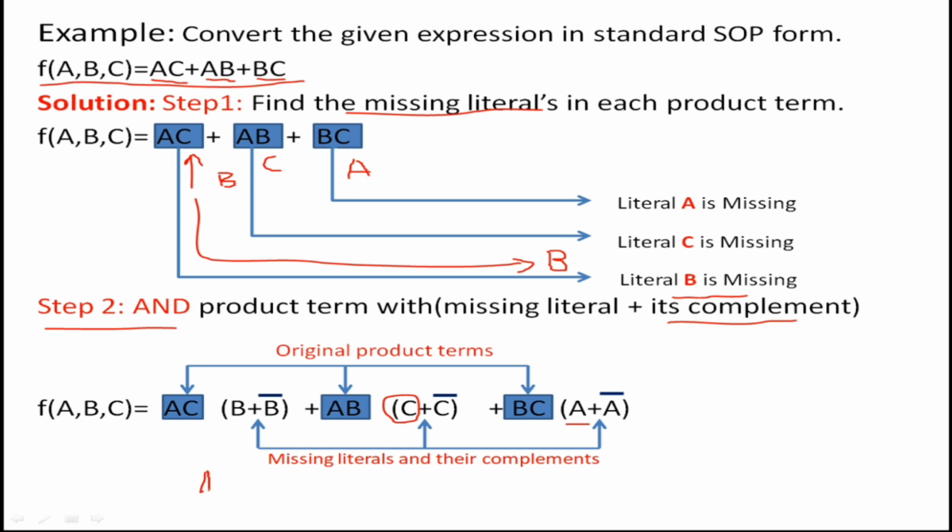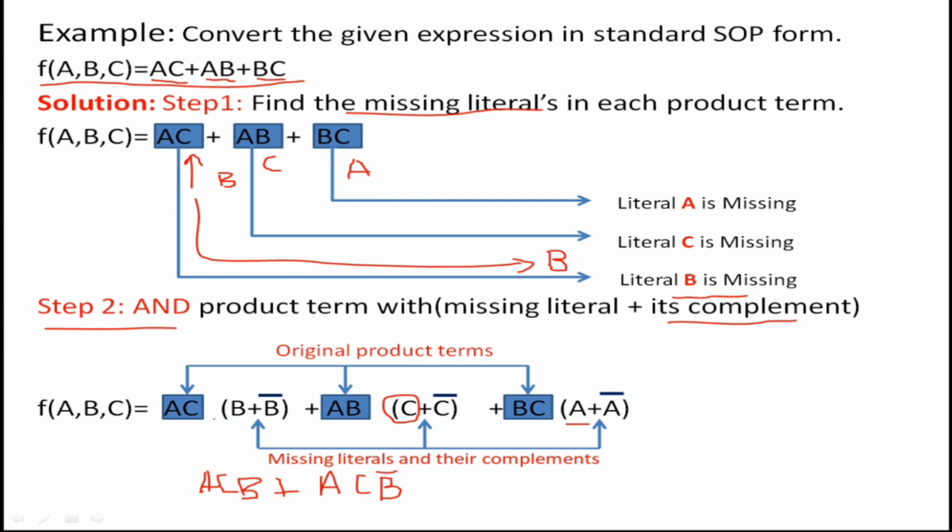So A, C and B. Then it will be plus, AC will be multiplied with its complement. So it will be A, C and you have B bar. Understand?